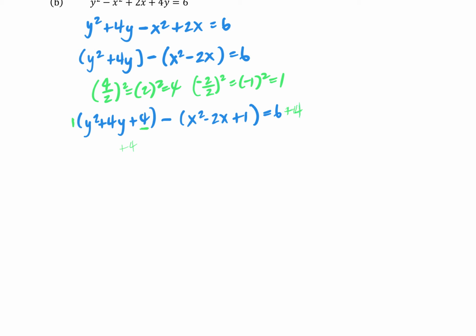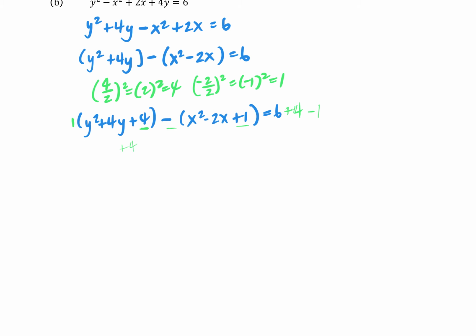However, we have to be careful because we have a negative in front of the second set of parentheses. So although I added a positive 1 inside the parentheses, because of the negative on the outside, imagine if you were to get rid of the parentheses and distribute that negative, you would get a minus x squared plus 2x minus 1. So I'm actually minusing 1. So I have to do the same thing to the right.